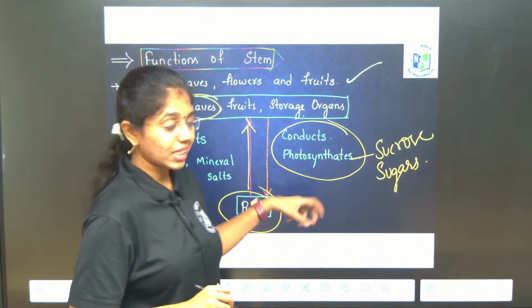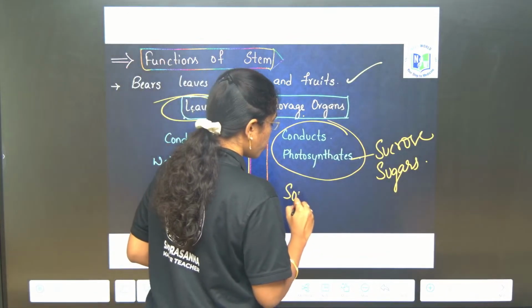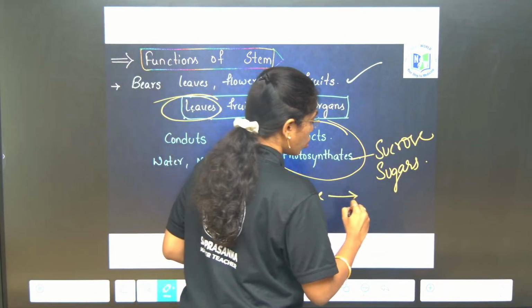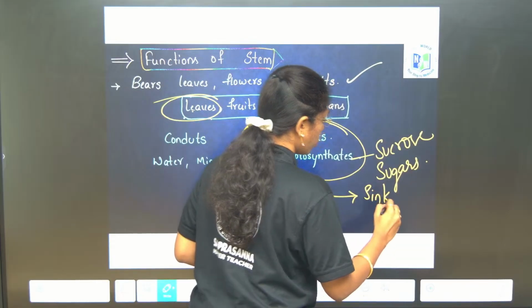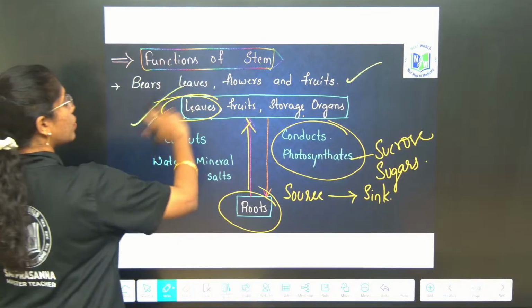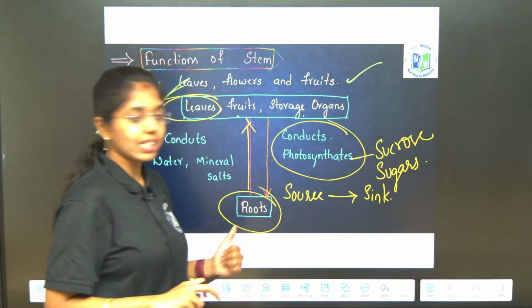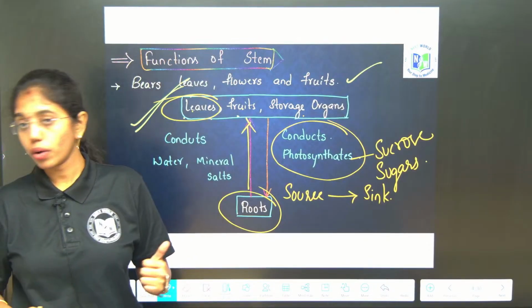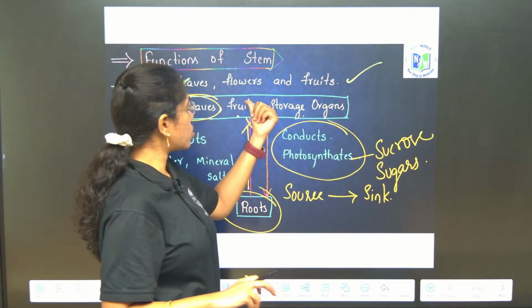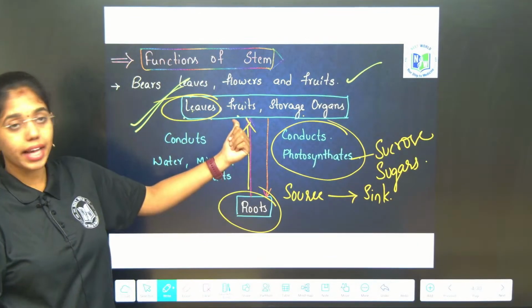Sucrose or sugars, these are photosynthates which are being transported from source to sink. Source will be mature leaves and sinks will be fruit, storage organs and roots. Transfer of water and minerals through xylem is always unidirectional.